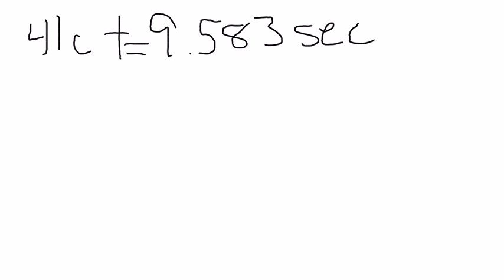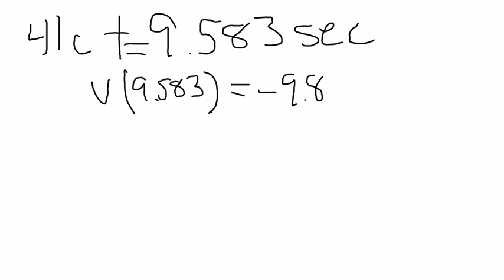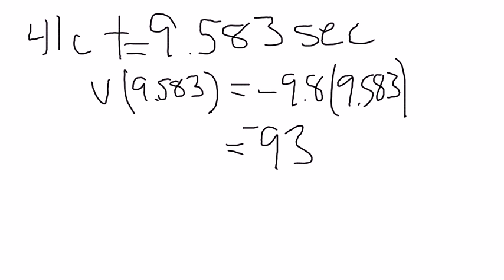So we can just plug 9.583 into our velocity formula. So v of 9.583 is equal to negative 9.8 times 9.583, because it was just negative 9.8 t, and that comes out to negative 93.915 meters per second.